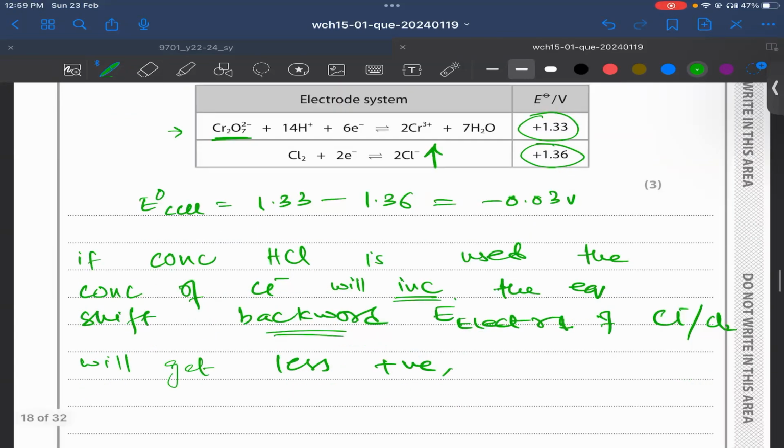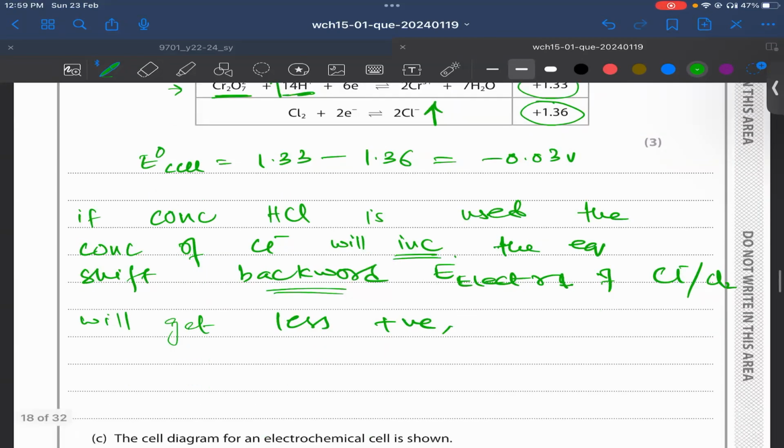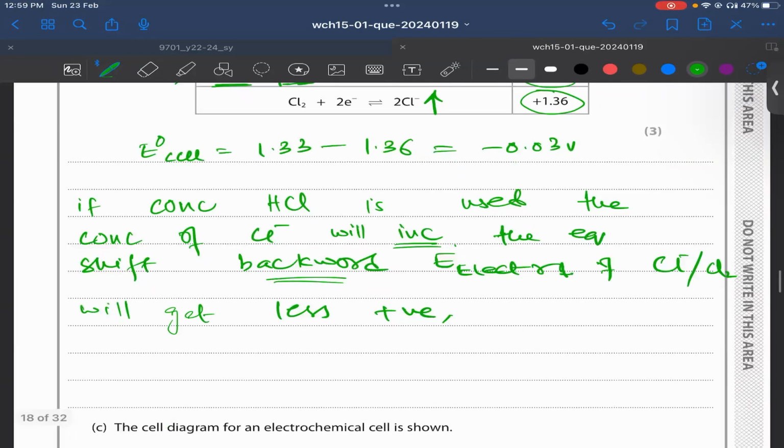Likewise, if we use concentrated acid, the concentration of H plus ions will also increase, and this equilibrium will shift forward. So we can say that equation 1 shifts forward, and the electrode potential gets more positive.